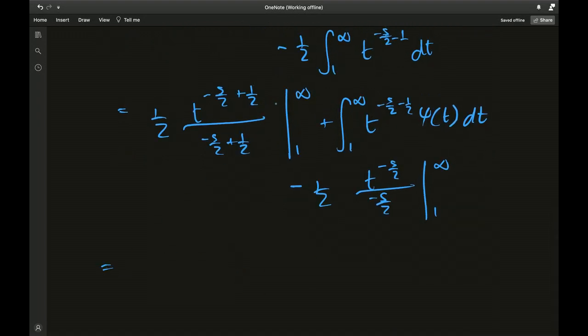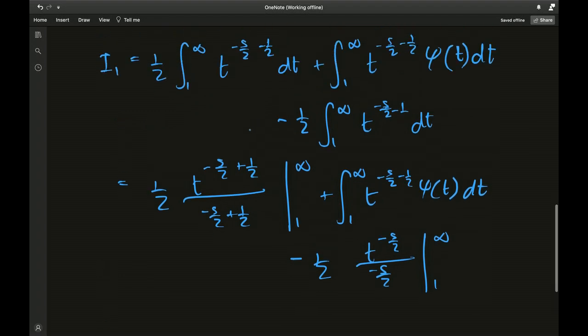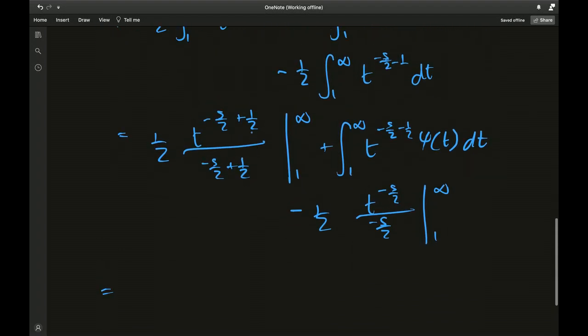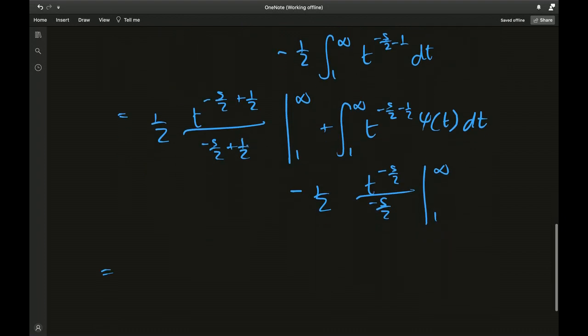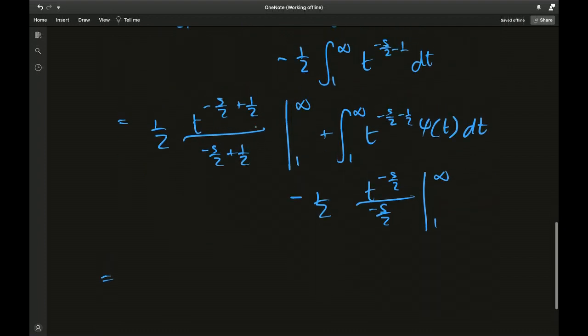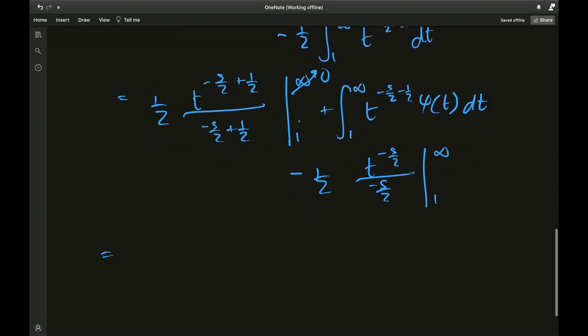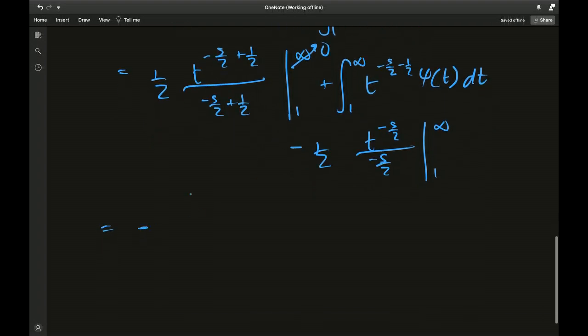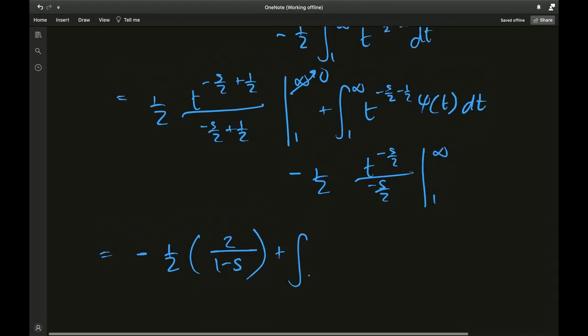Now an algebraic function with a negative power at infinity will certainly go to 0, and at 1 we have a 1, so take a negative half and we can factorize out the 2, so 2 over 1 minus s, like that. Keep the middle integral as it is, we'll need it a little later.